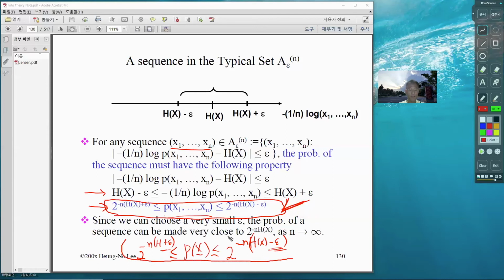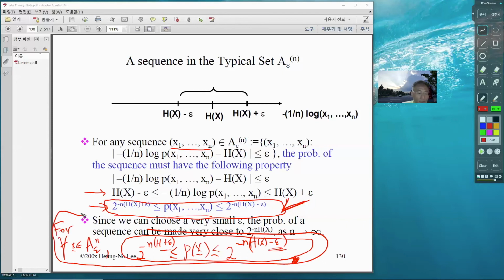This is true for any sequence X in the typical set: the probability of such a sequence must be upper bounded by this much and lower bounded by this much.